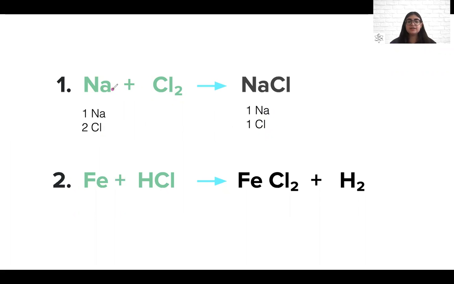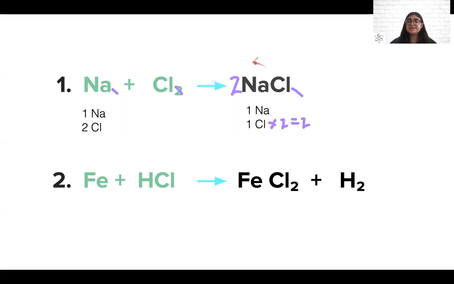Since we're not allowed to change the subscripts, we can only change the coefficients. To get this to be 2, we're going to have to put a 2 here. Because by putting a 2 here in front, we grab the 1 chloride and we multiply by 2. So that gives us 2.